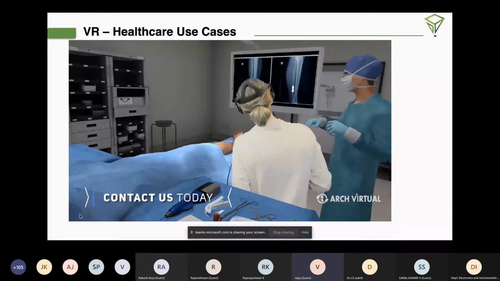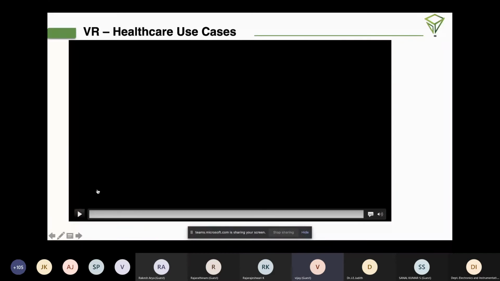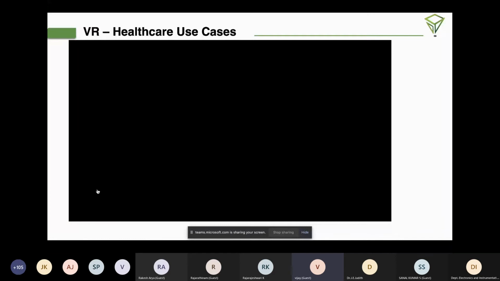So it's very powerful. I'm not sure how many people are getting it, but being able to train on the top 100 most complex surgeries in the world, right? You need to spend a lifetime to get that kind of experience in the real world.